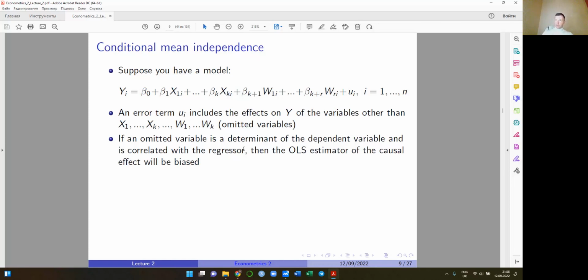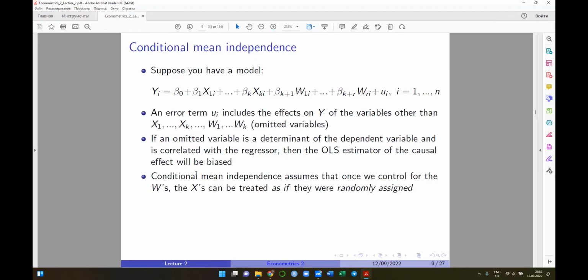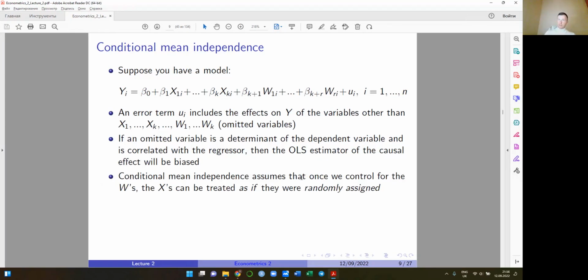When we make predictions, it is not a large problem because we don't care about quantifying causal effects. But once we want to know with some degree of certainty the quantitative estimate of the causal effect, bias is a problem. Conditional mean independence is an assumption, and it is not testable.